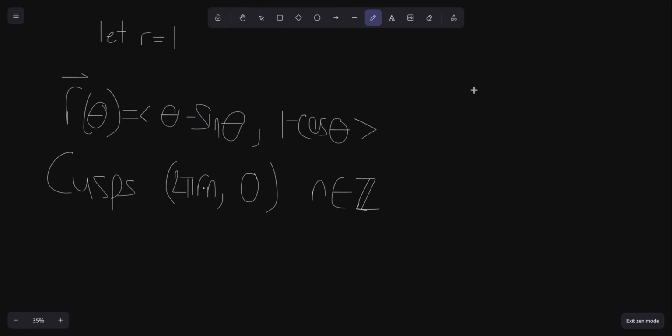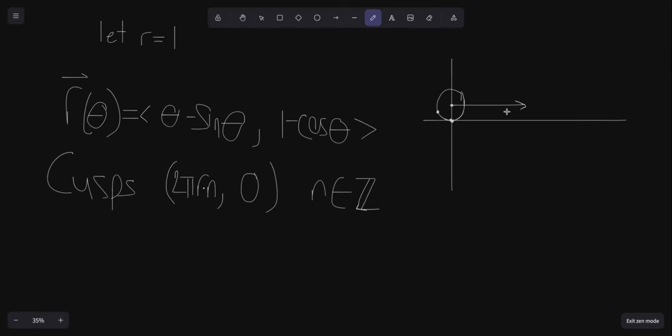What's actually really nice about this cusp is that it's the point where the rotational motion cancels out with the forward motion. So we saw in the previous proof how we broke down the motion of the cycloid into the movement of the center and then the movement of the point relative to the center, so basically the rotational motion.